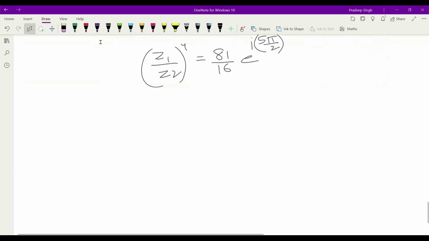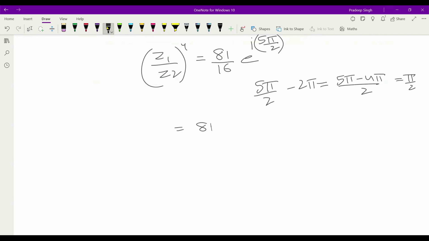So we subtract 2 pi, right? So let's do that. 5 pi by 2 minus 2 pi. If we take the LCM and simplify, we'll get pi by 2 as the argument. So our final answer should be 81 by 16, which is the magnitude or modulus, and the argument is pi by 2. And that's the answer for the second part of A.